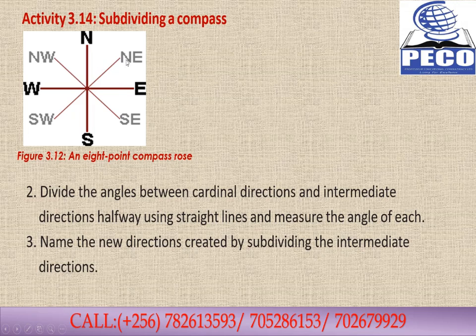We said northeast means you have moved north and east at the same time. Therefore, what would be this new direction? It means you're moving north and northeast at the same time. Therefore, for example, here the new direction will be north, then northeast. So the new direction will be north of northeast, or north-northeast.